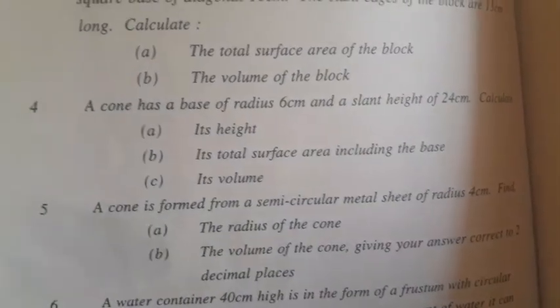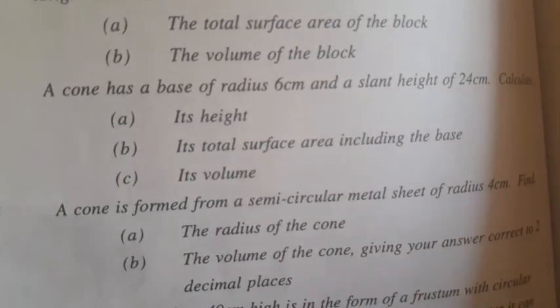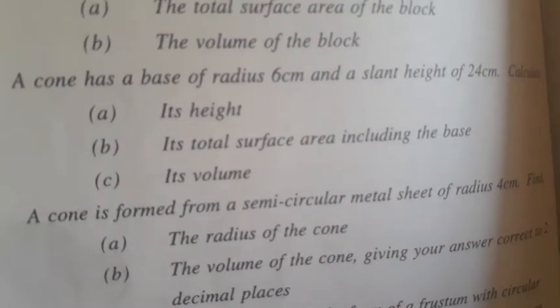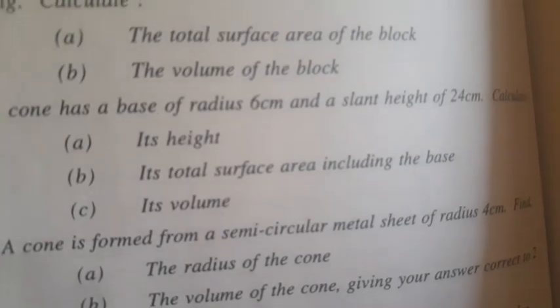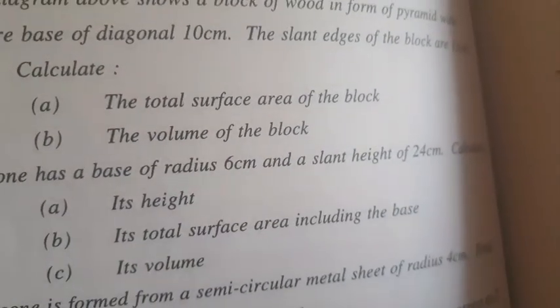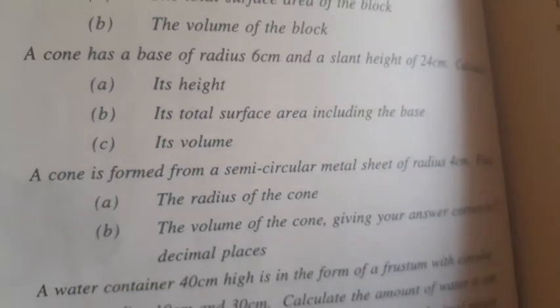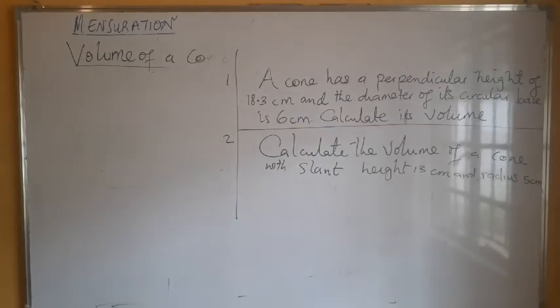This height, we're talking about perpendicular height, total surface area. That's for the curved surface as well as the circle, which is the base, then volume. So this question combines all the aspects, even the area which we dealt with in the previous lesson. These 3 questions are enough under this part.